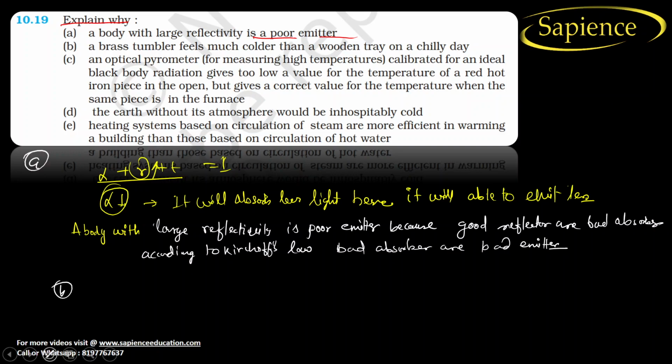Now part 2. A brass tumbler feels much colder than the wood tray on a chilly day. Very interesting question. Yeah, definitely. A wooden table or wooden chair will not feel as cold as brass. So generally, what happens?